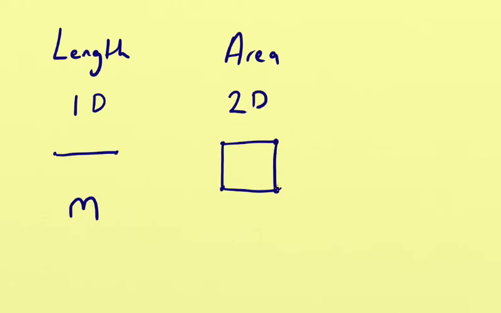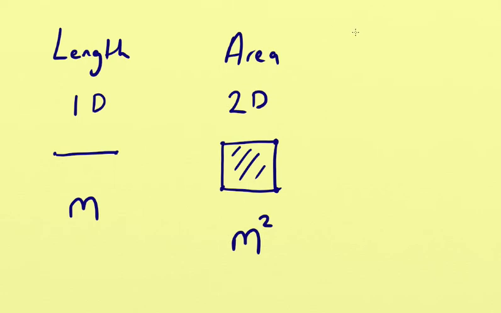So the size of that object just there is an area, 2 dimensions, and that is measured in meters, and we're going to call it meters squared, and that little 2 there just means that it's got 2 dimensions in it.